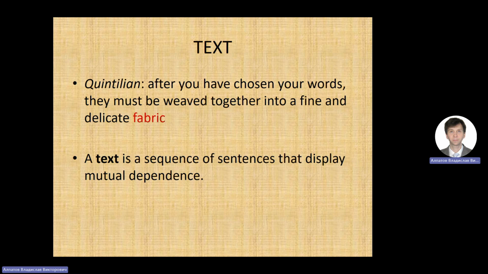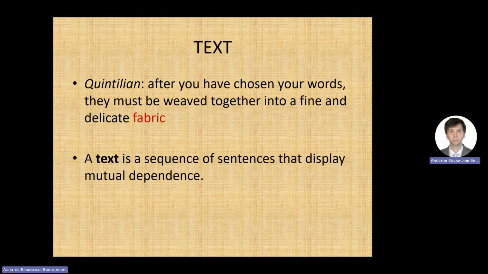For example, Quintilian, a famous Roman rhetorician, orator, says, after you have chosen your words, they must be woven together into a fine and delicate fabric. Where in English we have the word fabric, in Latin stands the word textus. So textus means fabric.